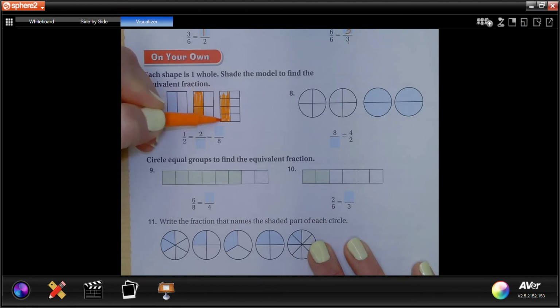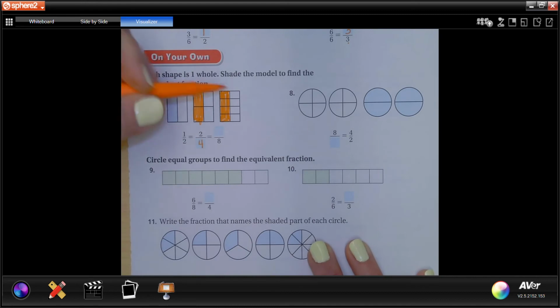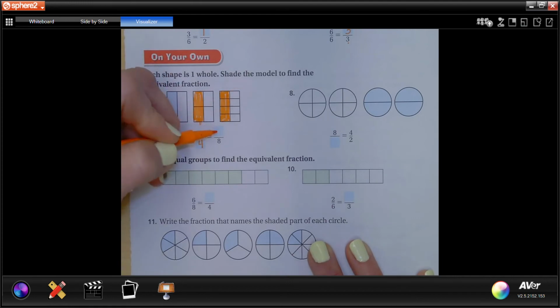They're all equivalent to one another. So 1/2 is equal to, we know that there are two shaded out of how many? 1, 2, 3, 4. So 1/2 is equivalent to 2/4. Then we have eighths. 1, 2, 3, 4, 5, 6, 7, 8. How many are shaded? 1, 2, 3, 4. 4/8. So 1/2 is equivalent to 2/4, which is equivalent to 4/8.